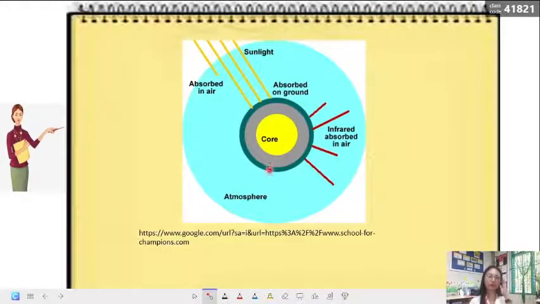So, talking about it, this is the core of our Earth, followed by the mantle, and then this is the crust. So, how is radiation happening here? From the sun rays, the heat is being absorbed by the ground.